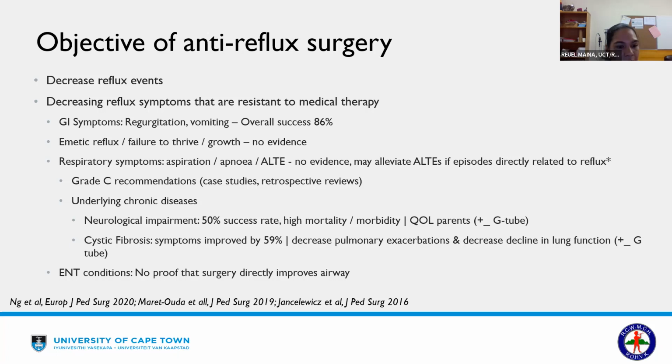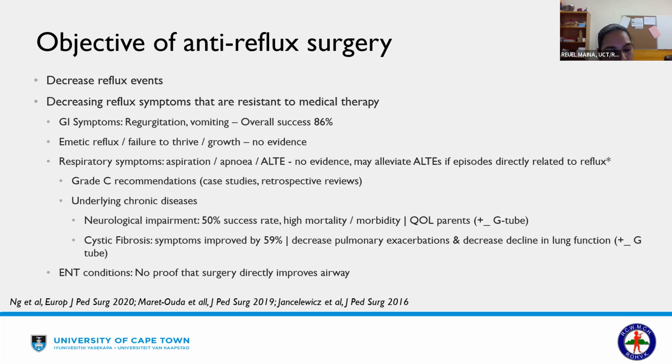And in patients with underlying chronic conditions such as neurological impairment, there's a 50% success rate in patients who undergo anti-reflux surgery, although there is a high mortality and morbidity for these patients.